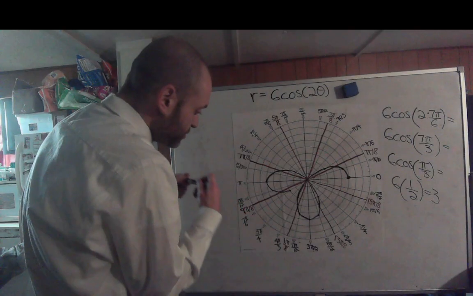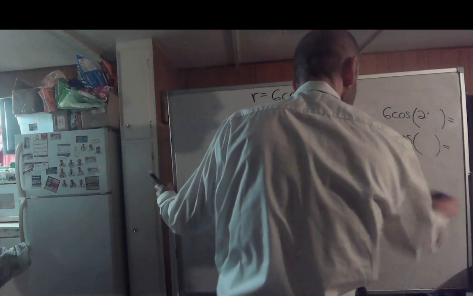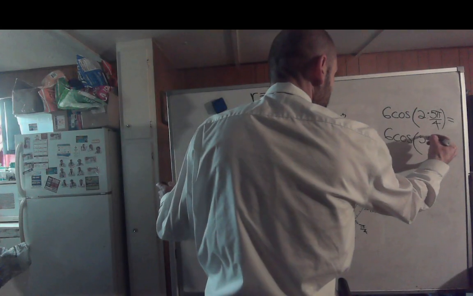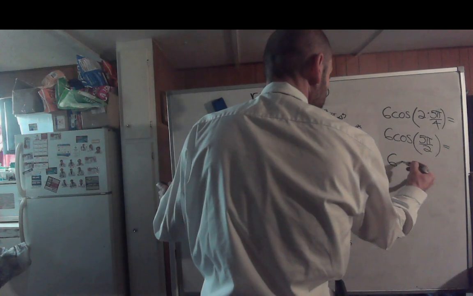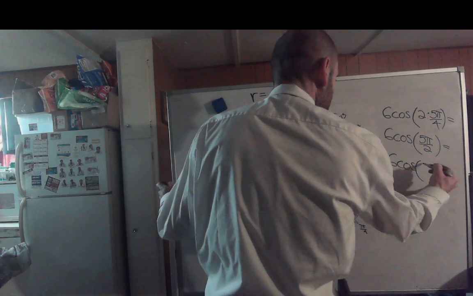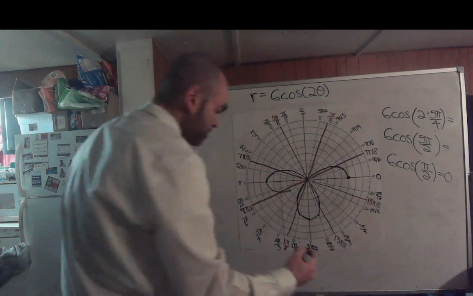So next, let's do 5 pi over 4. Two times 5 pi over 4, that's 5 pi over 2, which would end up giving me the same thing as 6 times the cosine of pi over 2, which we know to be 0.